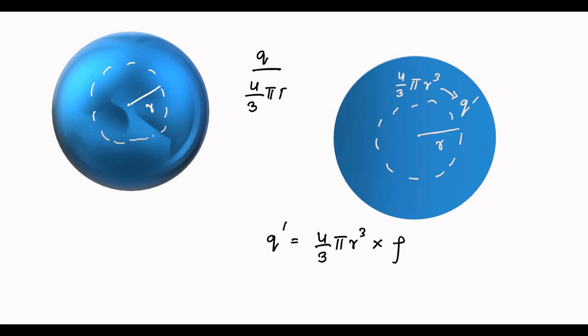Because of this much volume, only charge Q dash will come into play, where Q dash is equal to the volume of the inner sphere, 4 by 3 pi small r cube, where r is lesser than the radius of the entire sphere, times the volume charge density rho, which is equal to the total charge divided by the total volume, 4 by 3 pi capital R cube.